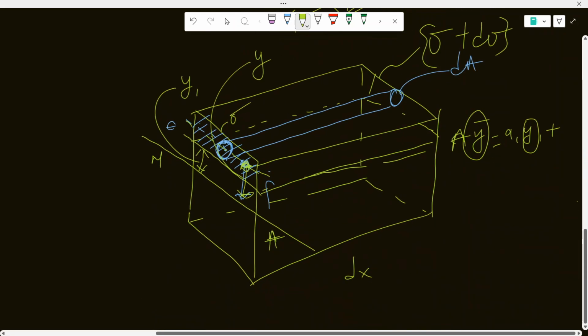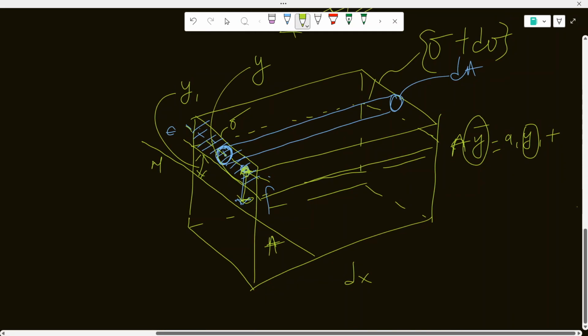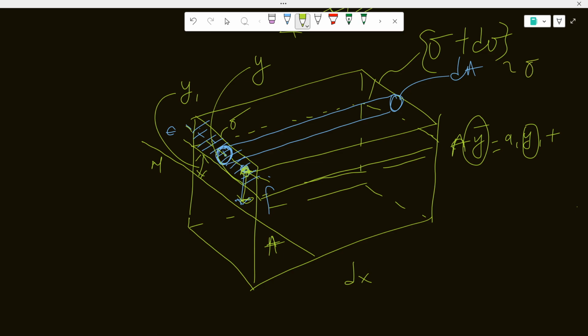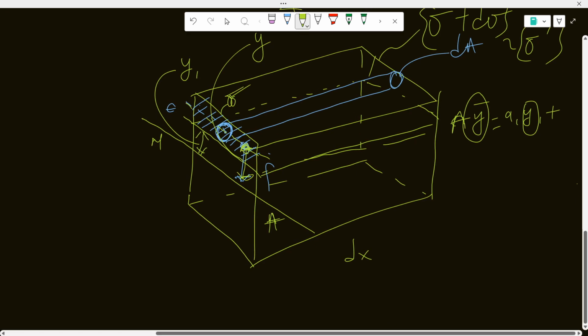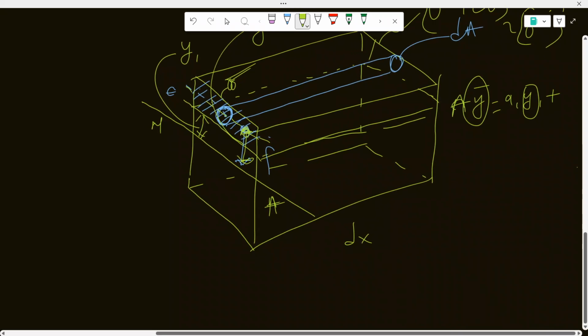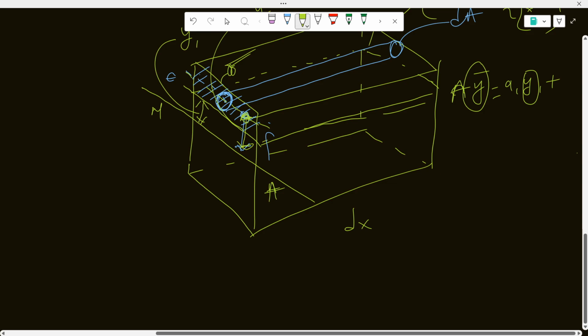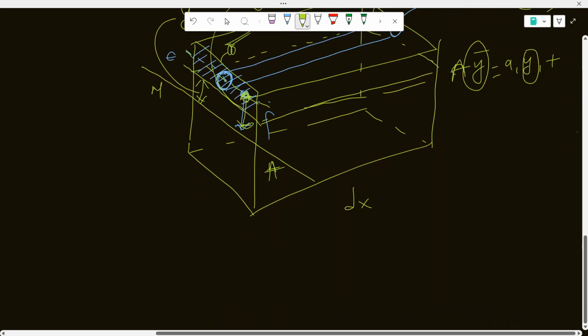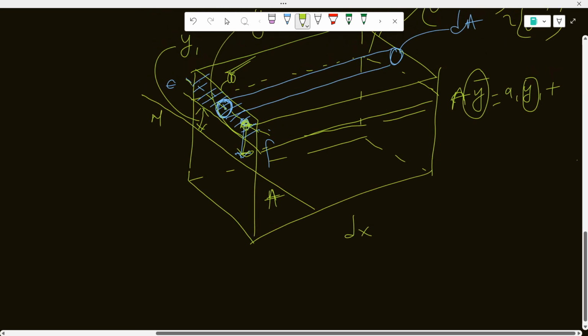It just means that the stress is varying. Just think of this as another stress, a new type of stress. It has varied, it's different from this stress. So now let's call this cross section A and cross section B.